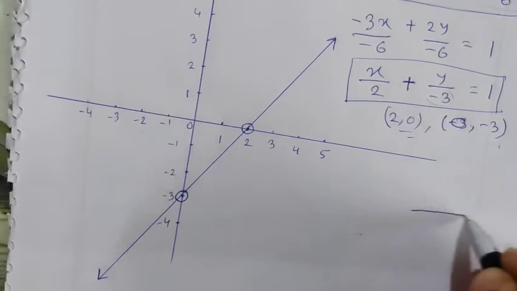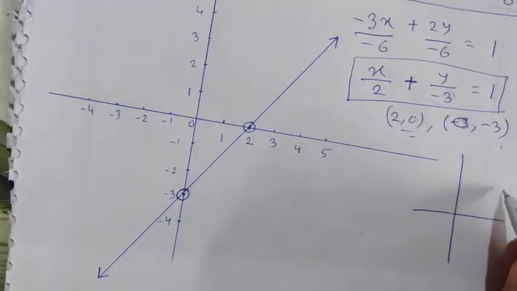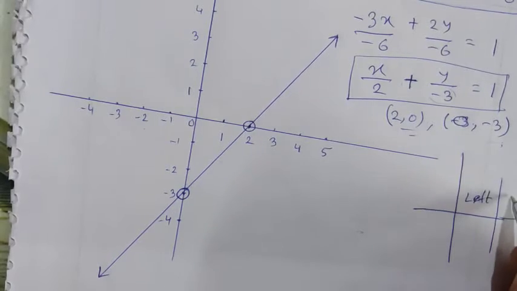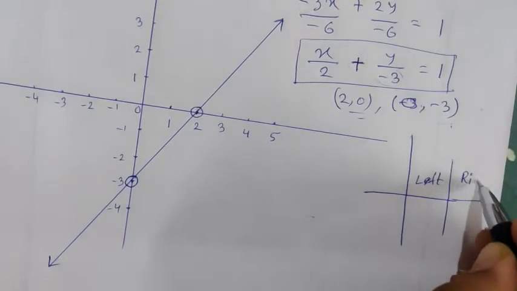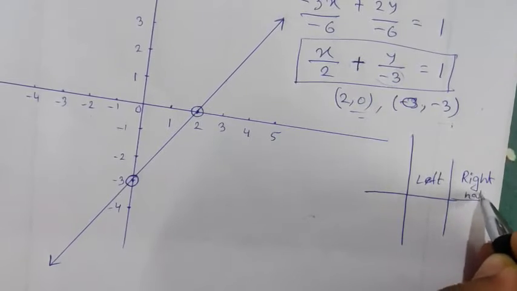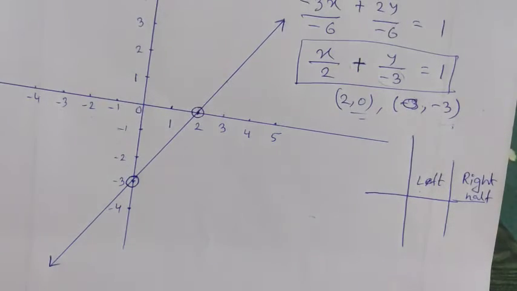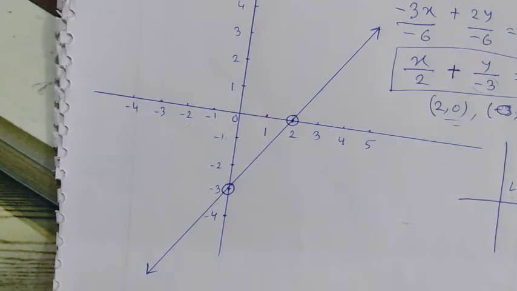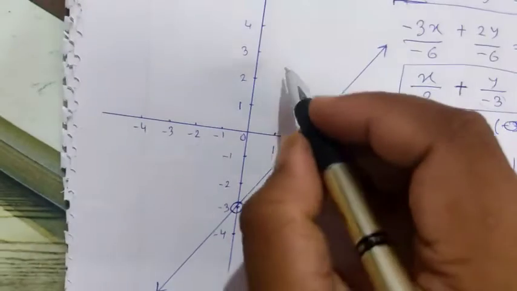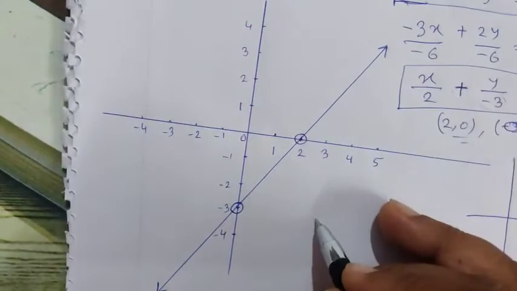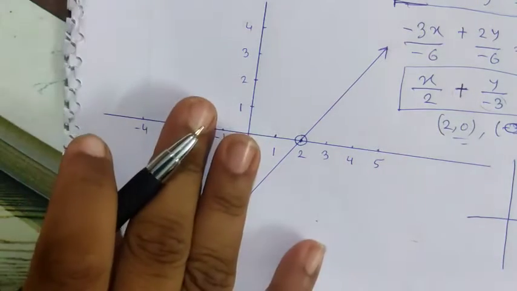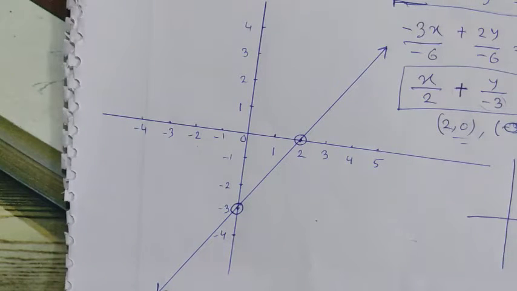For any vertical straight line we will get the left half and right half, and for any other straight line, whether it is horizontal or oblique, we will get the upper half and lower half. Now we have to decide whether the solution set will be the upper half of the straight line or the lower half.